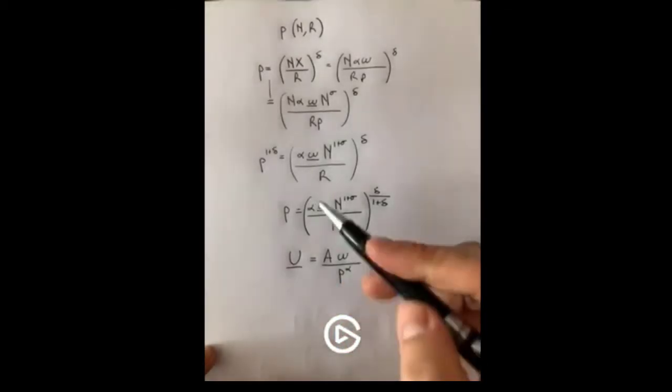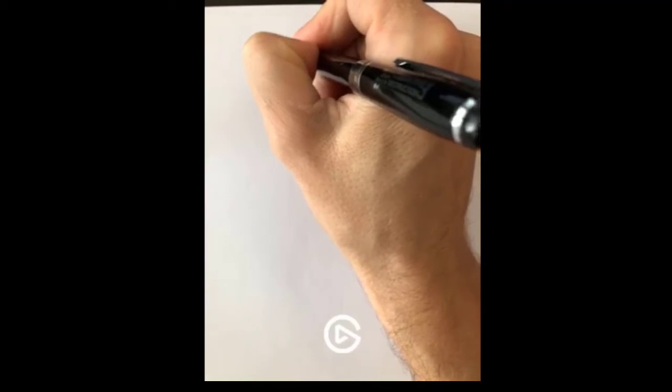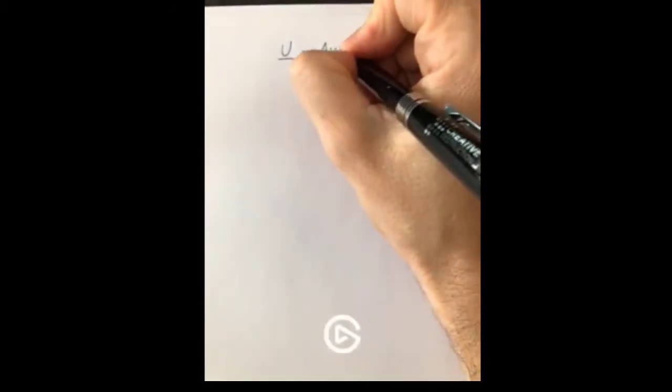Okay, combining these two formulas, we're going to get the relationship between the total amount of people living in the city and the stock of roads of the city. We said that the utility of people living in the countryside is equal to the utility of those living in the city, a w divided by p with exponent alpha.